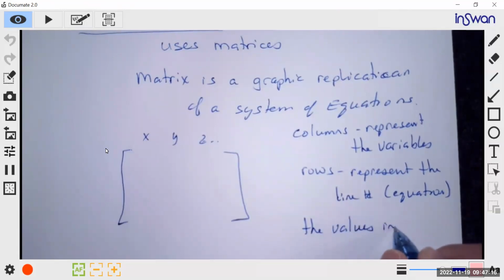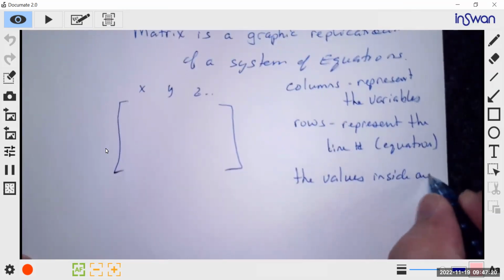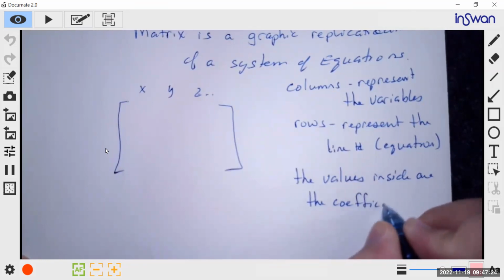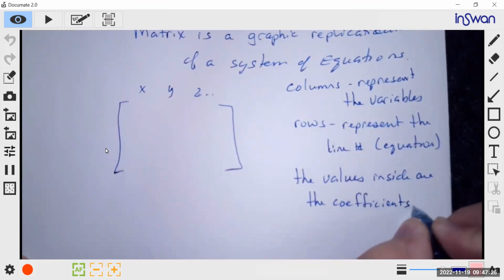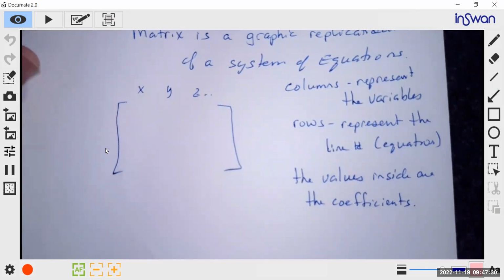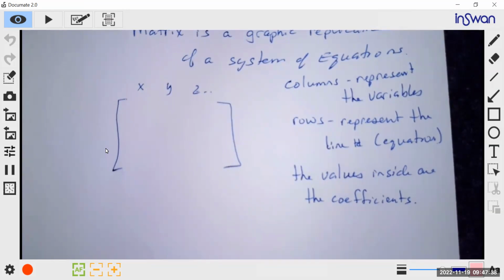The values inside are the coefficients. So inside the matrices, those boxes, all you'll have are numbers. There's no letters.